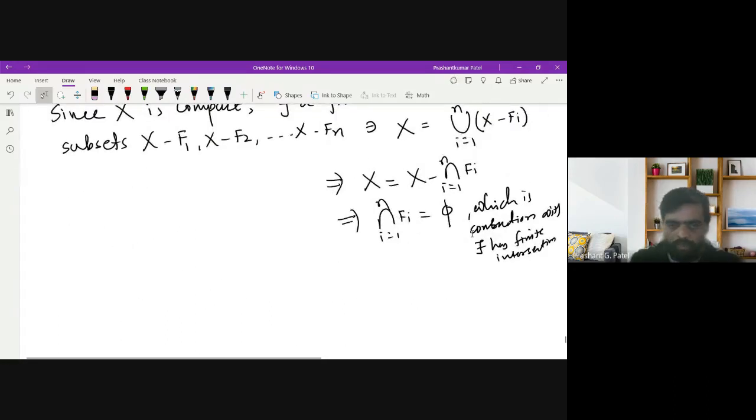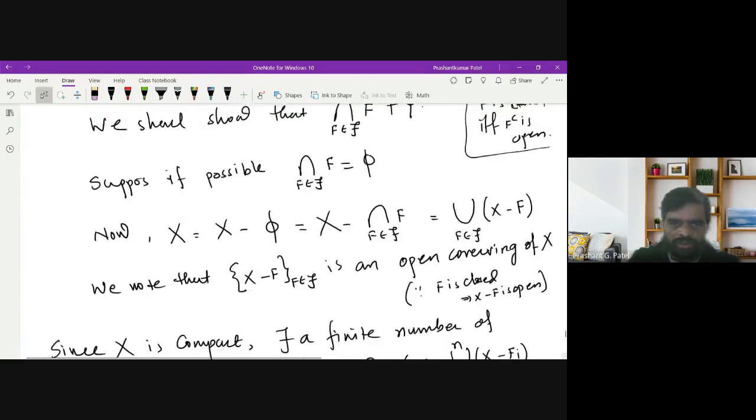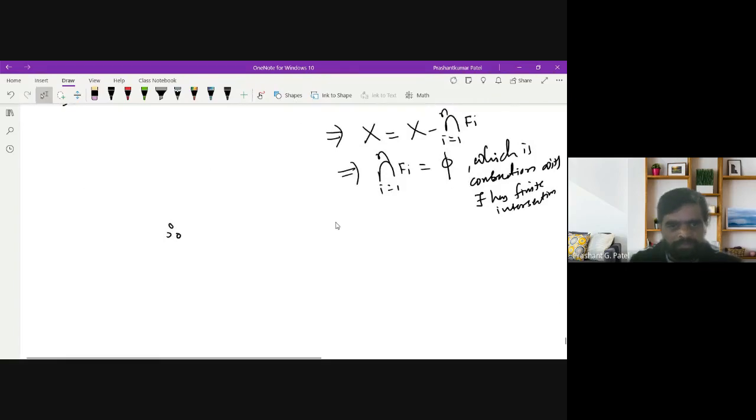So why do we have this contradiction? Because we have assumed that this whole intersection is empty.